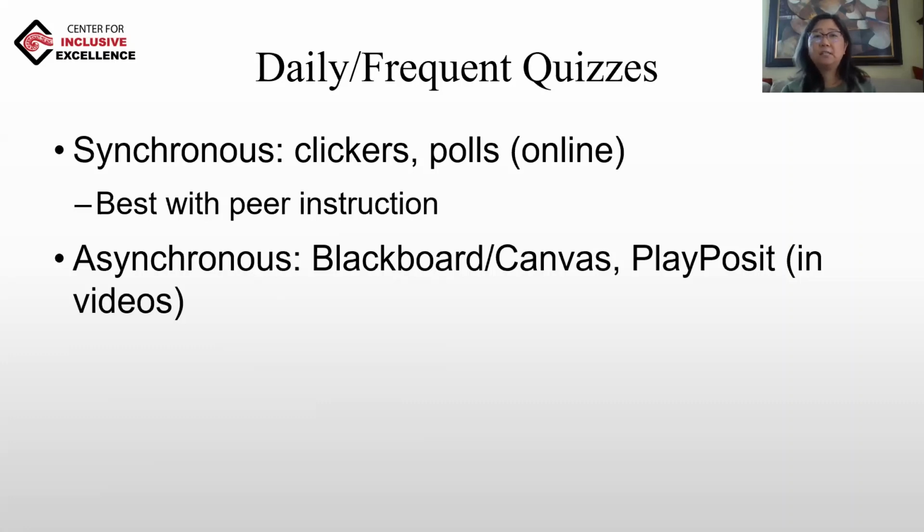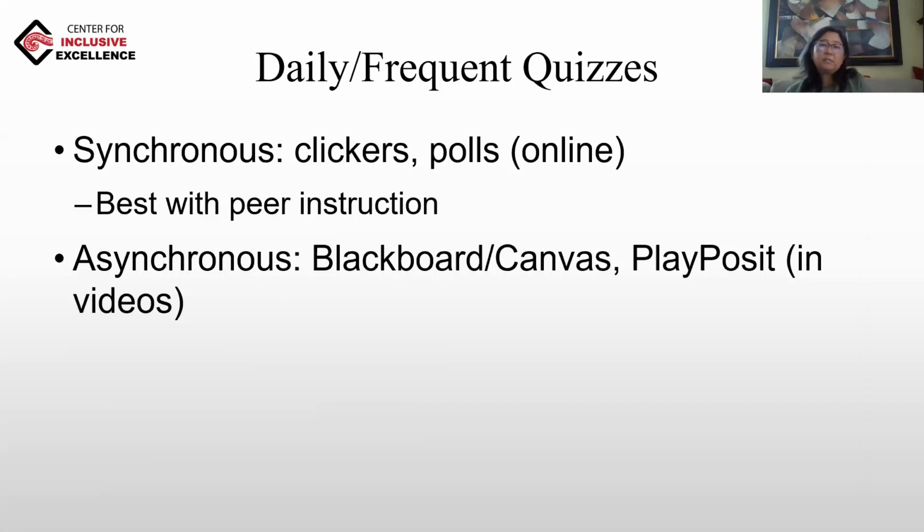This is a method that's been pioneered by Eric Mazur in physics at Harvard and has shown a lot of impact on getting students to recognize the common issues or common pitfalls with certain kinds of concepts that they better understand when a peer explains it to them rather than the instructor.